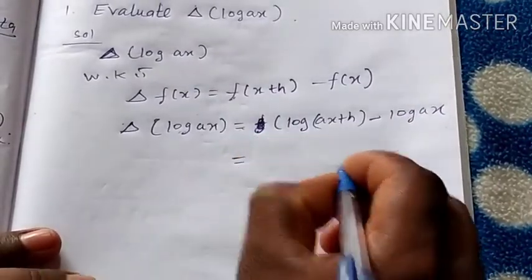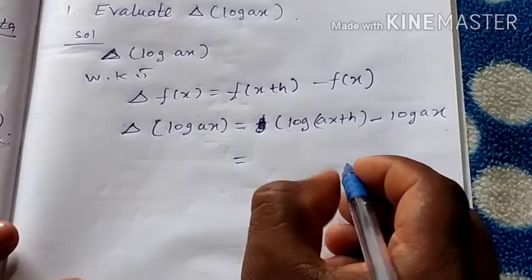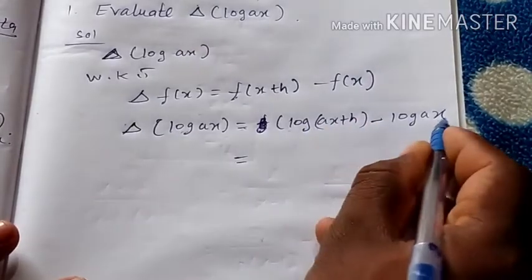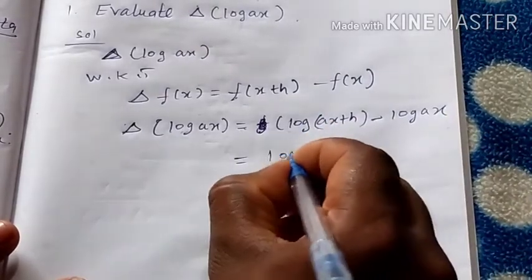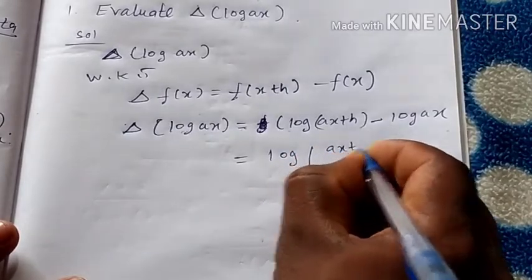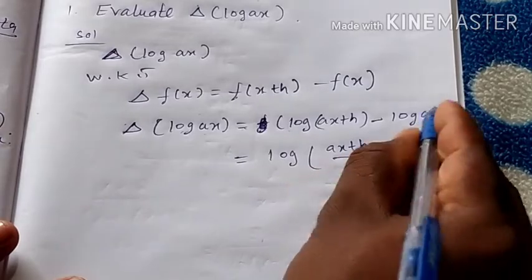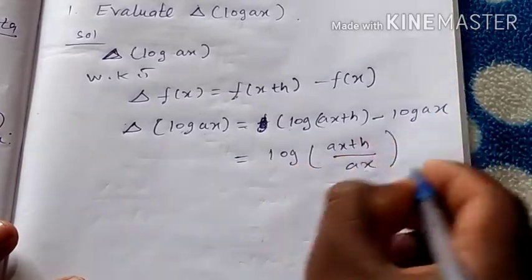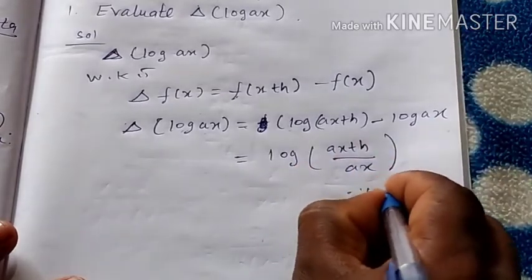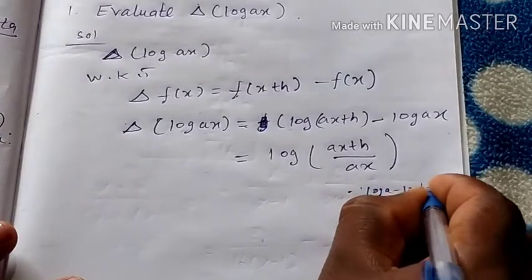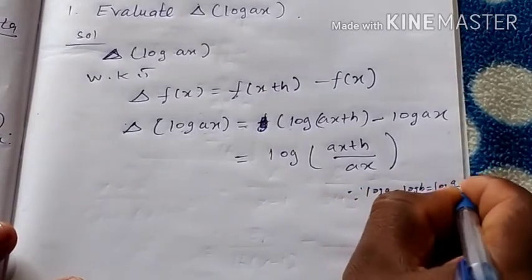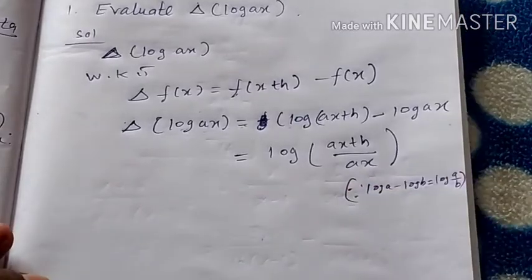Which is equal to, we know the formula, log A minus log B is equal to log of A by B. Here A is A(x plus h) and B is Ax. This is the logarithmic formula.